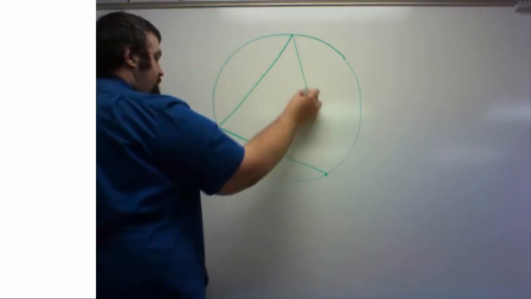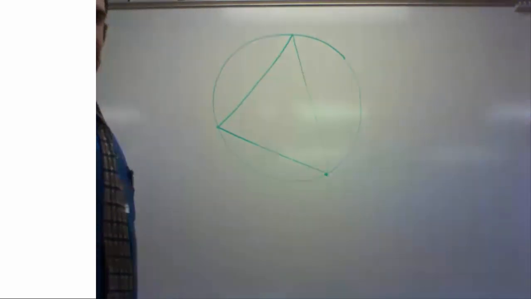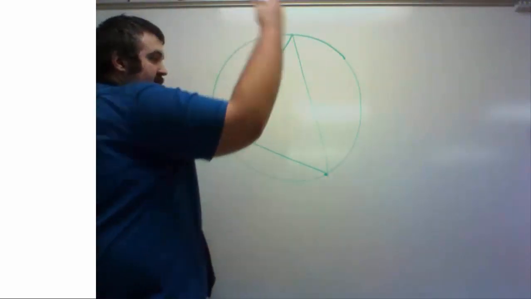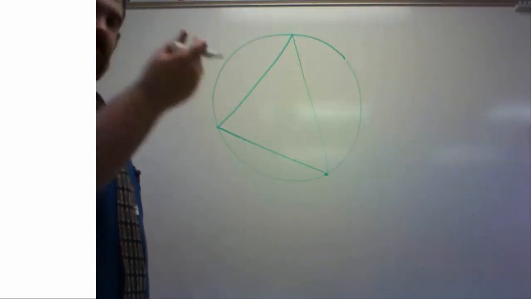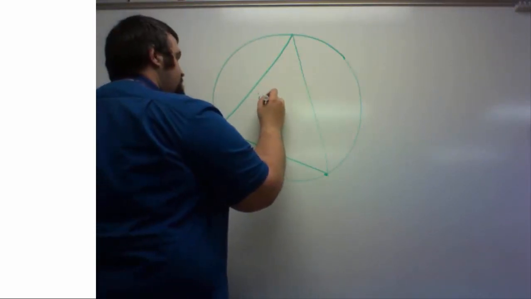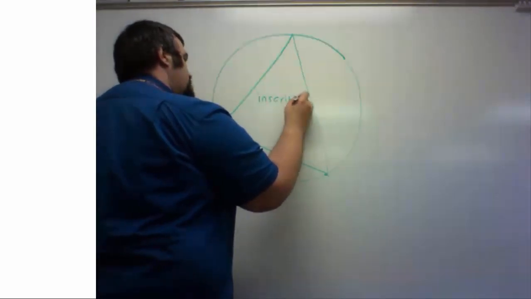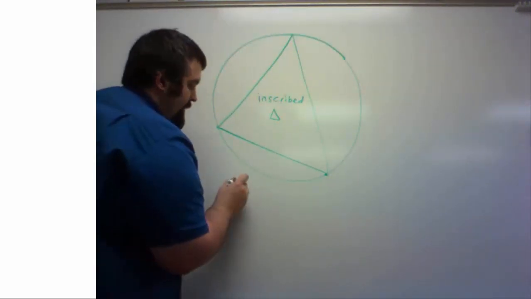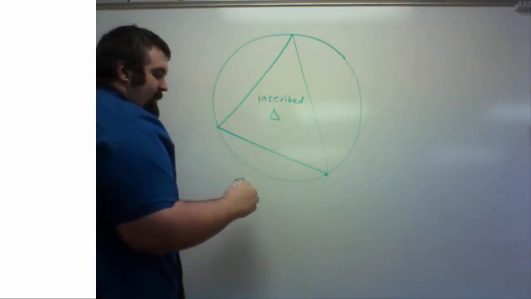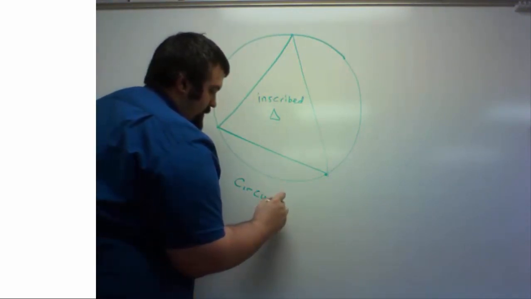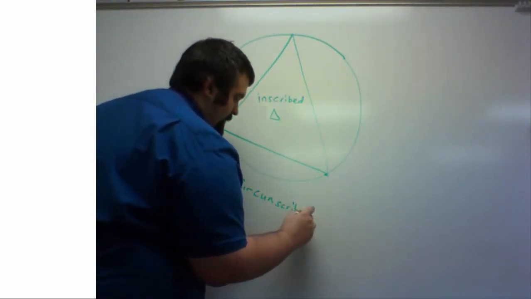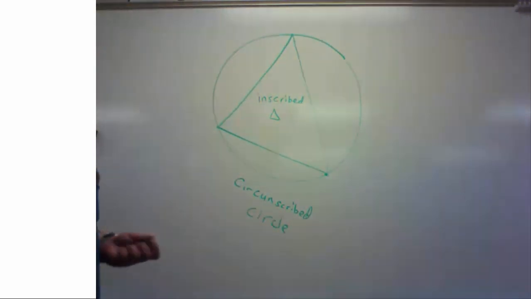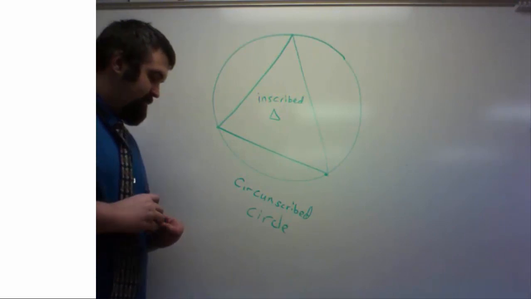This would be an inscribed triangle. Why? Because each one of its corners is on the edge of the outside shape. The circle on the outside would be circumscribed because it contains a shape on the inside. And it's a circle, so circumscribed circle. And that's all the idea is here.